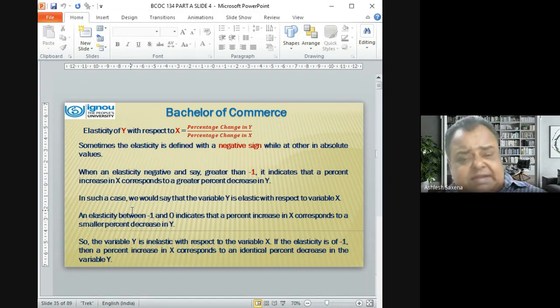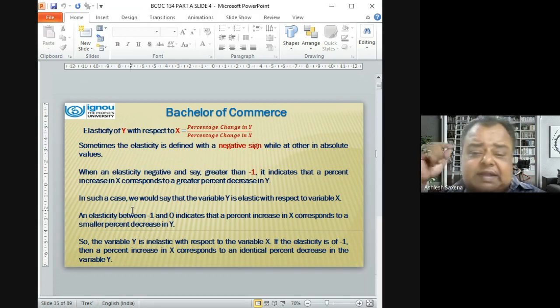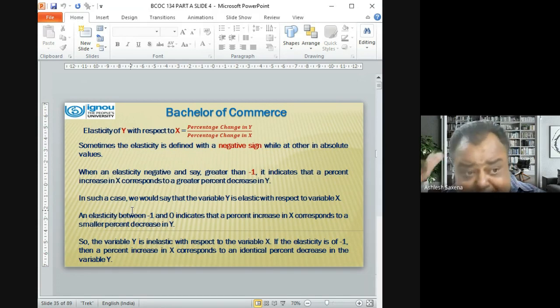If we have elasticity between -1 and 0, it indicates that a percent increase in x corresponds to a smaller percentage decrease in y. So the variable y is inelastic with respect to variable x. If the elasticity is -1, then a percent increase in x corresponds to an equal percent decrease in variable y.